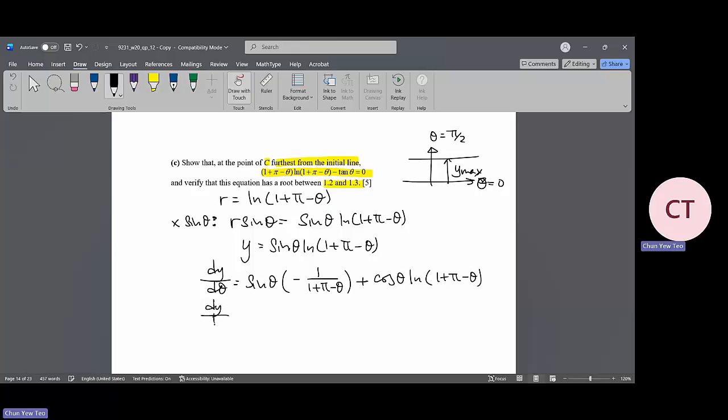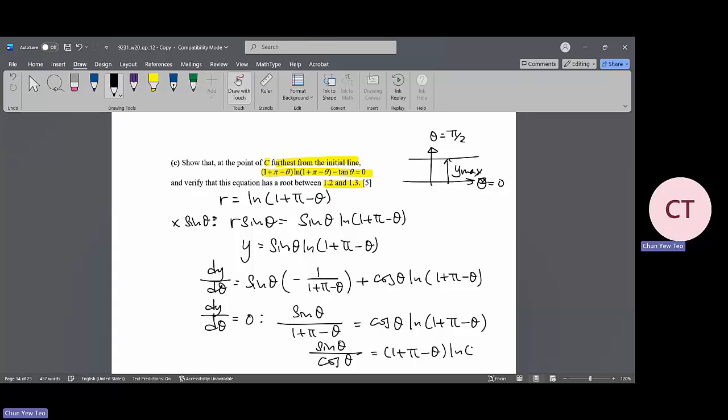In order to get the maximum of y, you need to let your dy d theta equal to 0. That will give you sine theta over 1 plus pi minus theta equals cos theta ln 1 plus pi minus theta. And we just need to cross multiply. You make the cos theta go down to the left hand side, and your denominator 1 plus pi minus theta move to the right hand side.